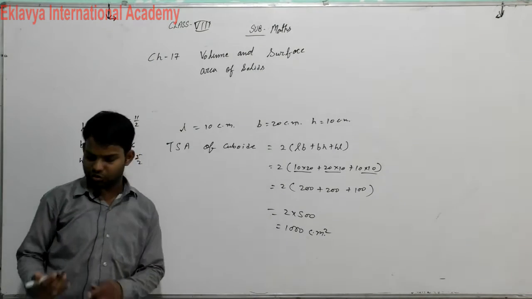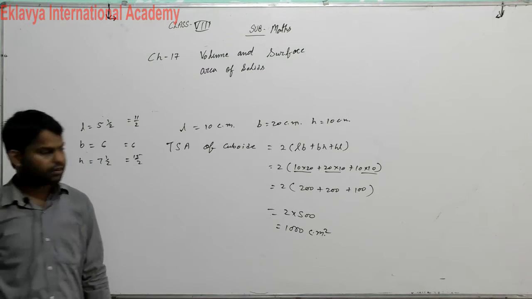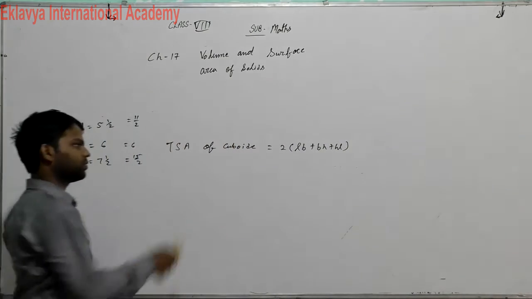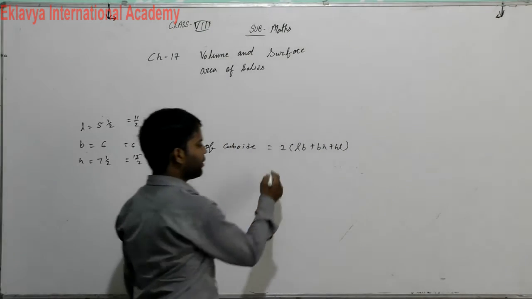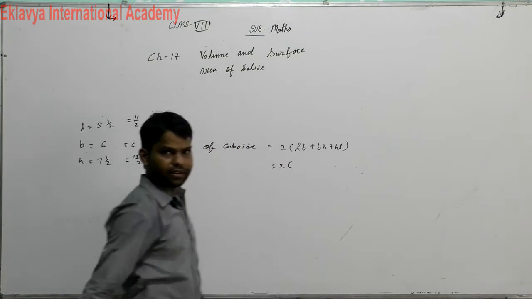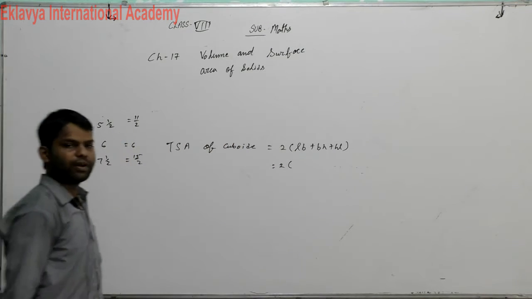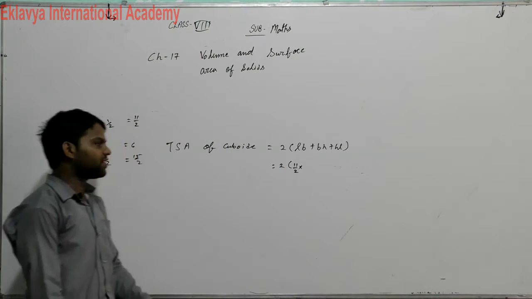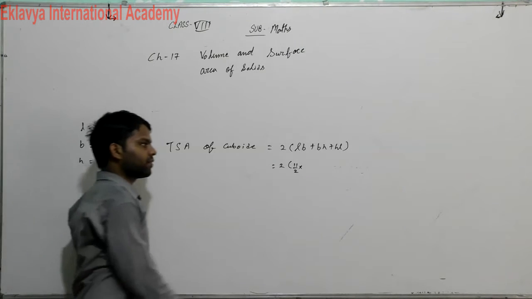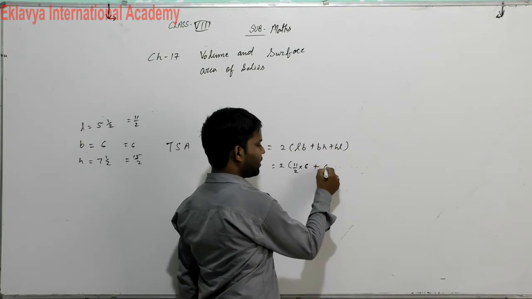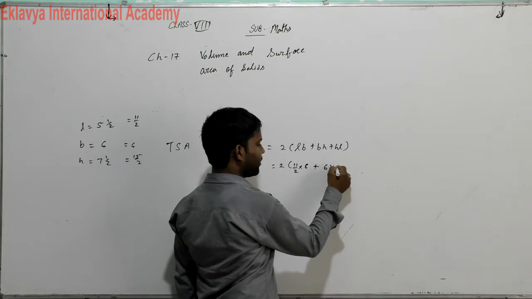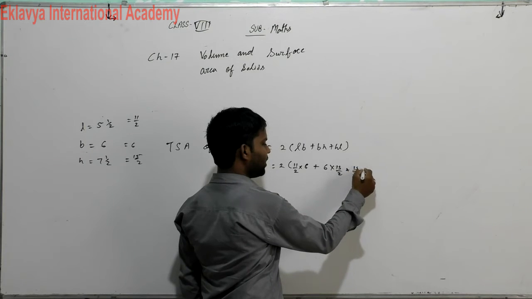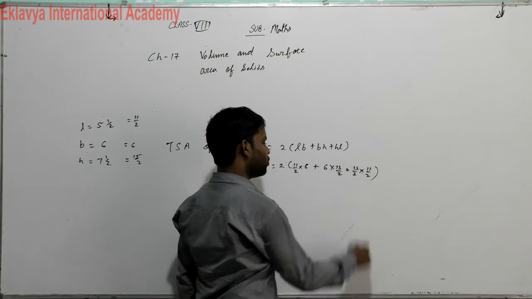If we put these values here, then 2 bracket, length is given 11 by 2, multiply breadth is given 6, plus breadth is 6, height is 15 by 2, plus height is 15 by 2, length is 11 by 2.